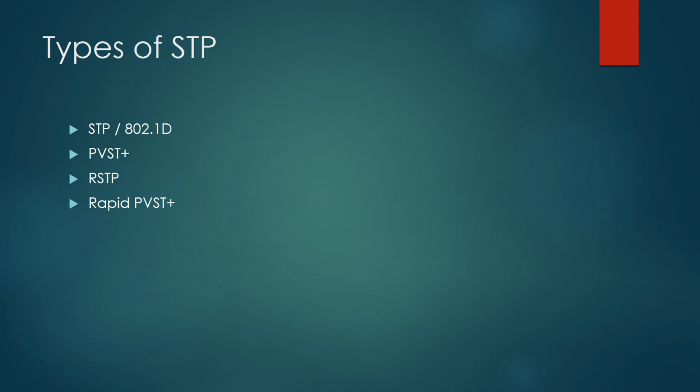There's PVST Plus, which is one tree for every VLAN, which is really good because you can have certain switches on certain VLANs and have a certain switch be your root bridge, and it makes it a little bit easier. Then there's RSTP, which is a one tree, one root bridge type system. And there's Rapid PVST, which is a little bit more intensive than PVST, but it also has one root bridge for every VLAN.